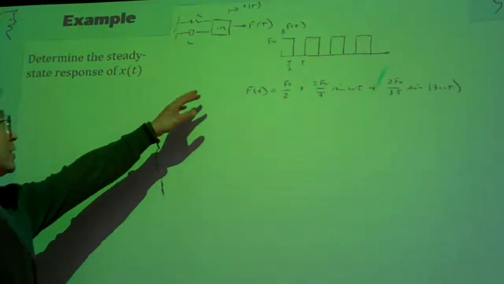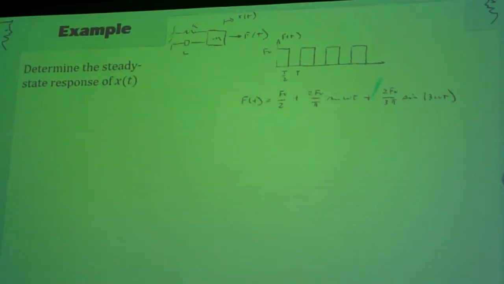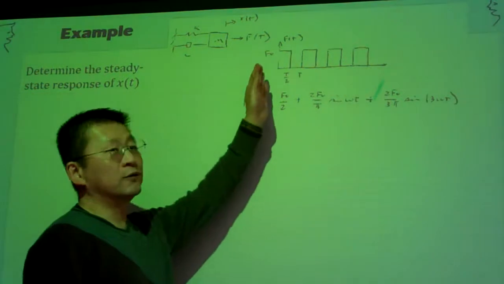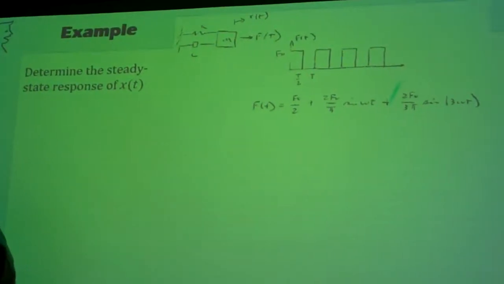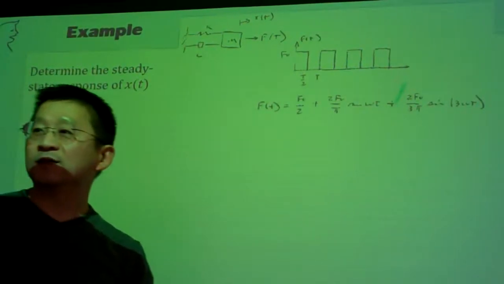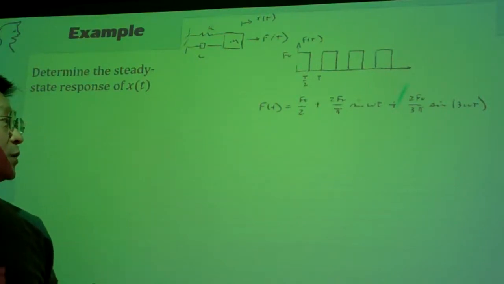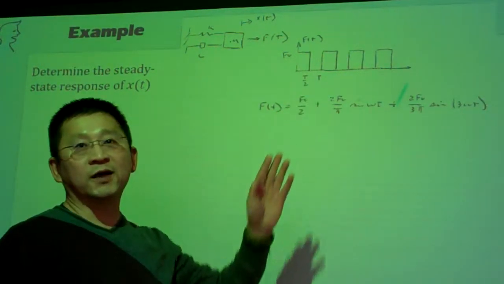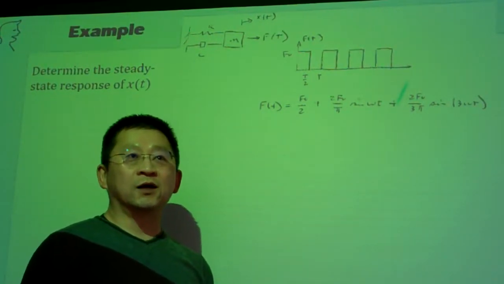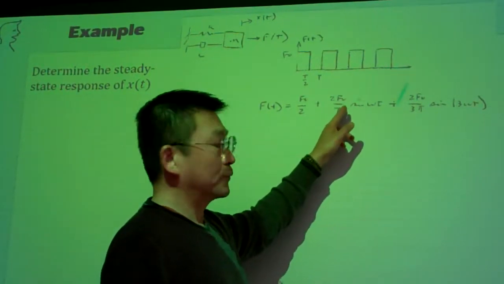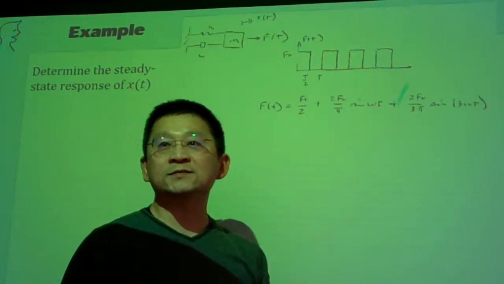So we have the periodic function type, and I can tell you any periodic function can be decomposed into, listen carefully, a good concept: any periodic function can always be expressed in terms of summations of harmonic functions of various frequencies.